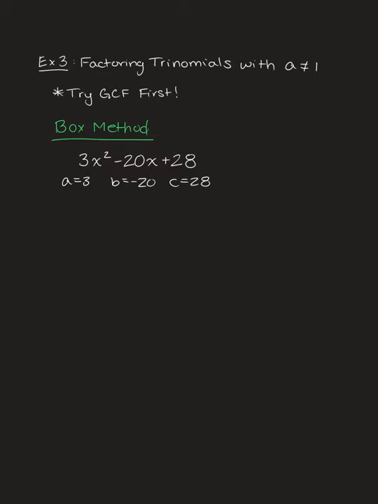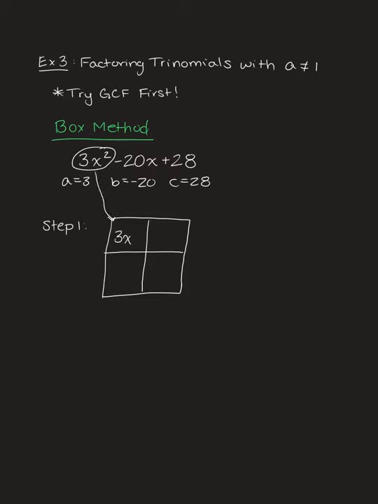Okay, so the first step is to set up your box. Okay, so here's my box. Now, this first term here is going to go right there. So you're going to write 3x squared. This last term is going to go down here. So you have 28, and then put an x and an x in each of the missing boxes. Okay?